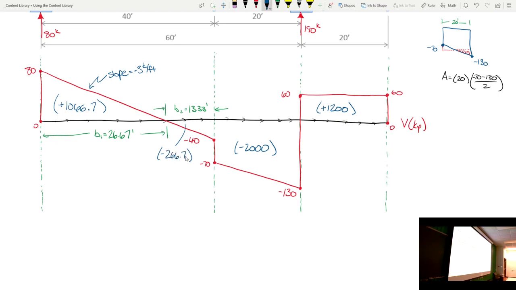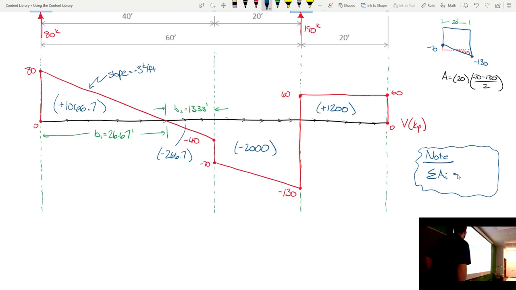Did everybody else get that? All right. Now if we sum these up, what's that plus that plus that plus that? 0. That means we're doing something right.